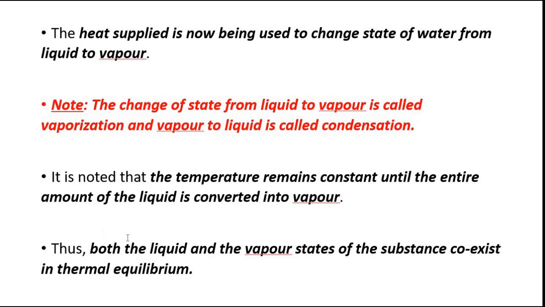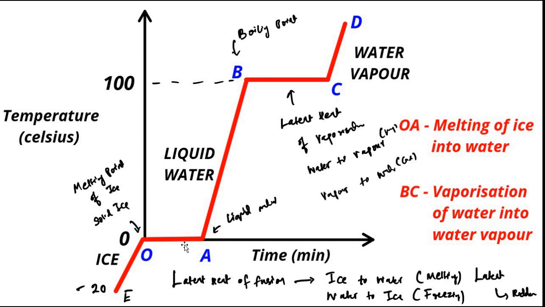This is the whole concept, and at these constant temperature points, during the latent heat of fusion in OA, both solid ice and liquid water can simultaneously coexist in thermal equilibrium with each other.